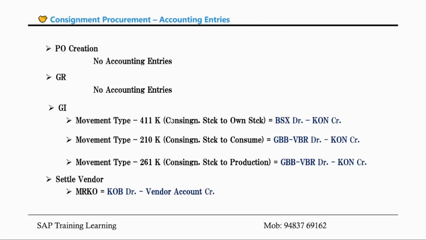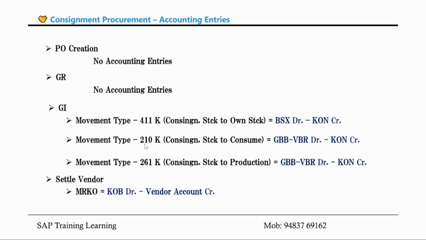So to summarize, at the PO creation, there will be no accounting entries for consignment procurement. At GR also no accounting entries. GI, goods issue, you can consume two types, that is consignment stock to consume. And the third one is consignment stock you can also issue to production order.